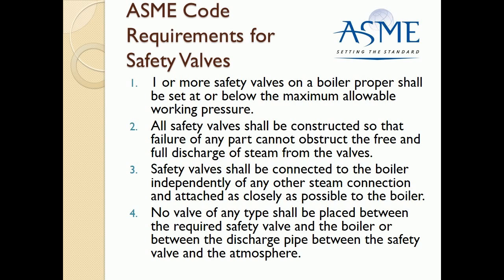Safety valves shall be connected to the boiler independently of any other steam connection and attached as closely as possible to the boiler. 4. No valve of any type shall be placed between the required safety valve and the boiler, or between the discharge pipe between the safety valve and the atmosphere.